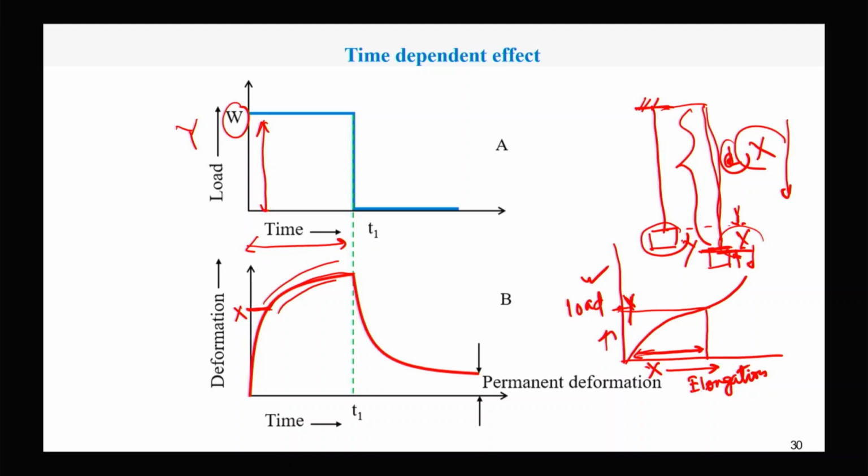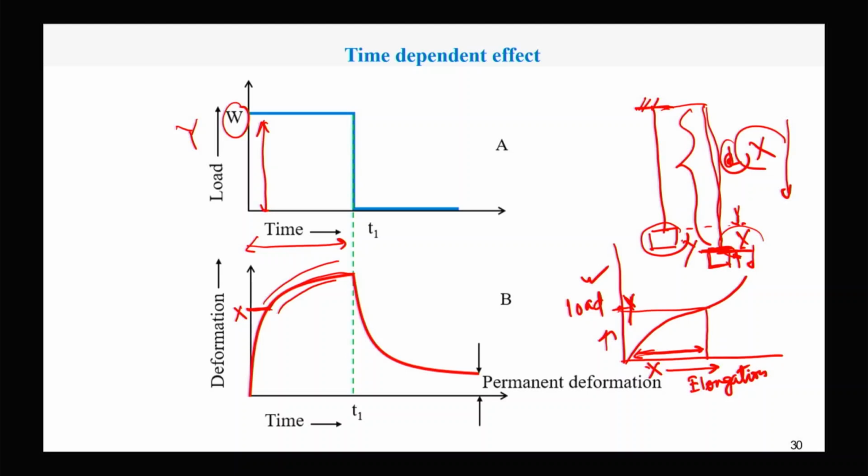And if we keep a material under stressed condition for a long time, the load exerted by the material will gradually reduce, and that effect is known as stress relaxation.